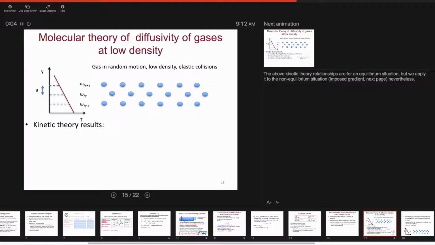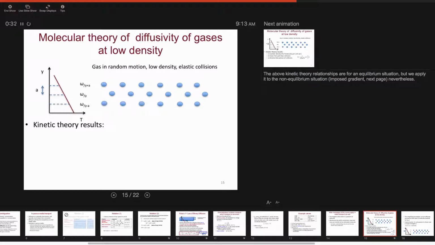Our famous molecular theory, by now we know how to sing it, I guess, for all of the formulas, because this is the third time we are seeing a similar situation. And the formulas we get in the end will be awfully similar to what we already saw. Everything is simple for a simple gas, that is, a low density gas that we approximate only by moving balls that have only elastic collisions.